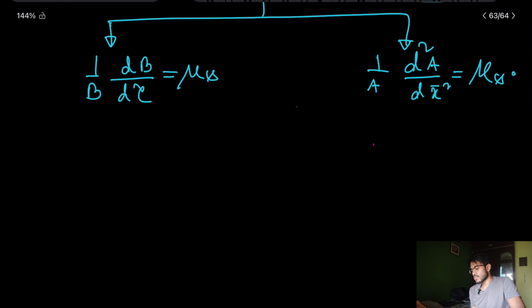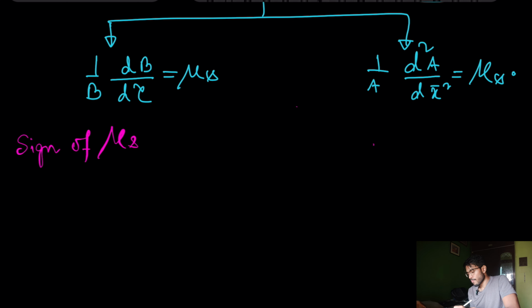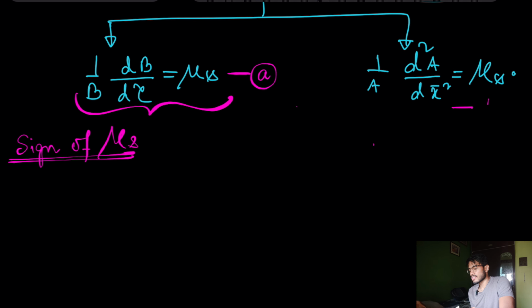Okay, so first let me talk about the sign of mu s. Okay, sign of mu s, and what should be that? So here we will be working with this equation. Okay, this I say as equation small a, and this I say as equation small b. Okay, so here I will be talking about the case 1.